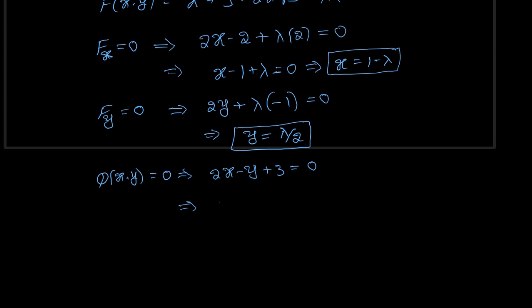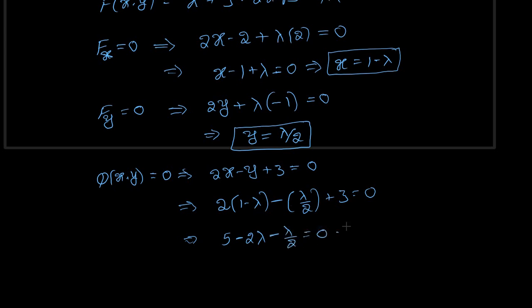So 2 into (1 minus lambda) minus y, that is lambda by 2, plus 3 equal to 0. After simplification, this is 2 plus 3, 5, minus 2 lambda minus lambda by 2 equal to 0. This is minus 5 lambda by 2, and sending it to the other side, that becomes plus 5 lambda by 2 equal to 5, that is 5 lambda equal to 10.